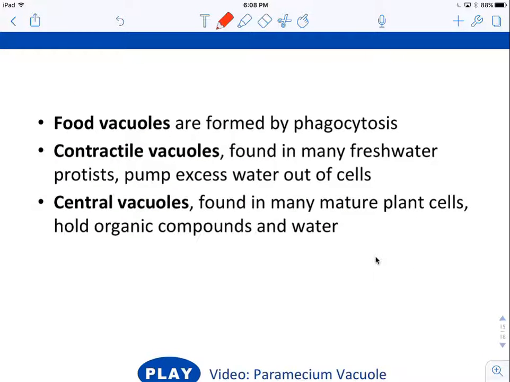So there can be food vacuoles, which are formed by phagocytosis. Contractile vacuoles, these are kind of cool. Freshwater protists use them to pump excess water out of cells. And then central vacuoles, which are mostly for storage. And central vacuoles are kind of the most popular of the vacuoles.